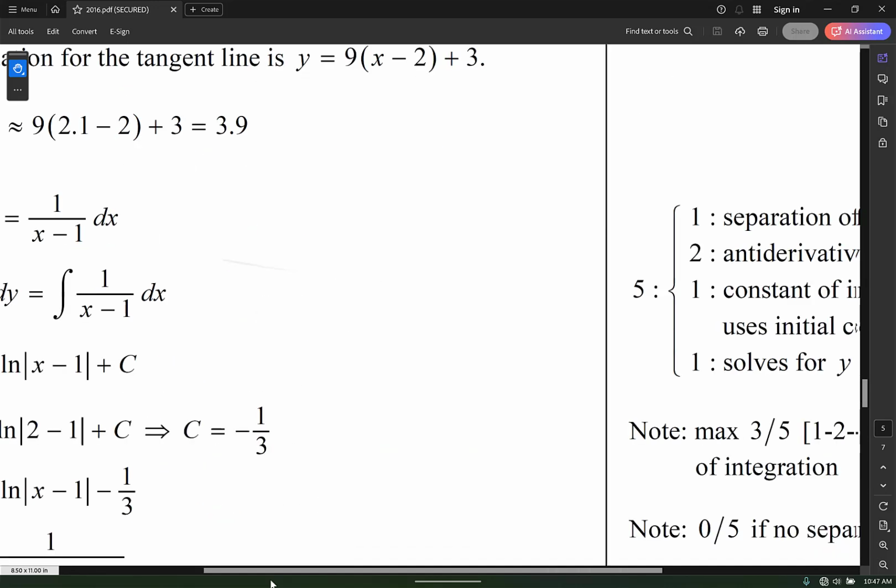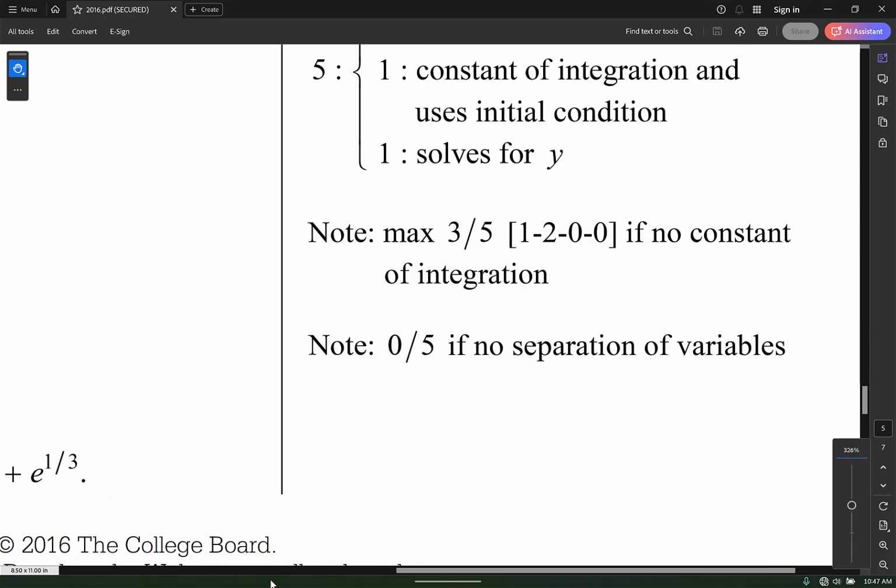So you have to separate the variables. If you have no constant of integration, the most you can get is 3 points: the point for separation of variables and the antiderivative points. Because you didn't even take your initial condition into account.